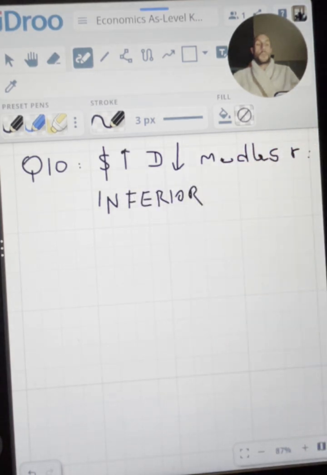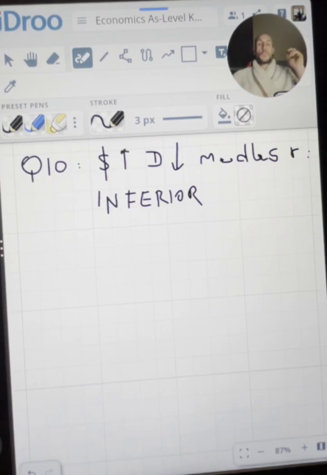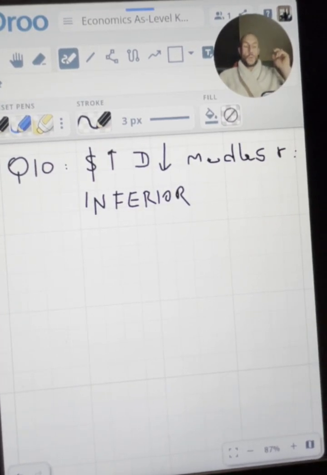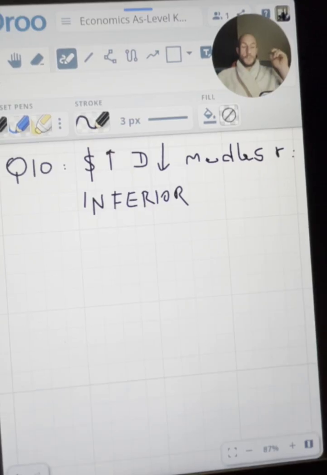No, it can be only inferior, because normal goods you buy more if you can afford that. Sorry, I messed up the arrows. The demand for normal goods goes up as well; for inferior goods, demand goes down when income goes up. Yep, that's inferior.